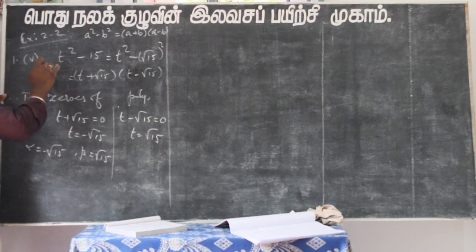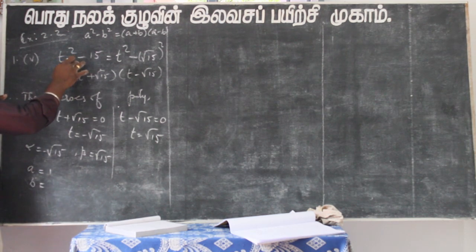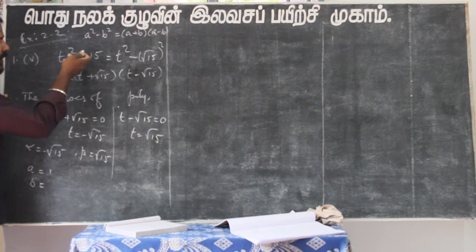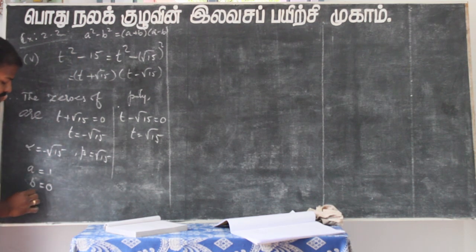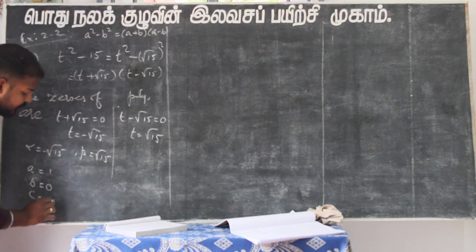What about the coefficients of the polynomial? The coefficient of t square is nothing but your a, so a is equal to 1. B is the coefficient of t. What is the coefficient of t here? Nothing is there, so you put 0. Next, the constant term. What is your constant term? Minus 15.